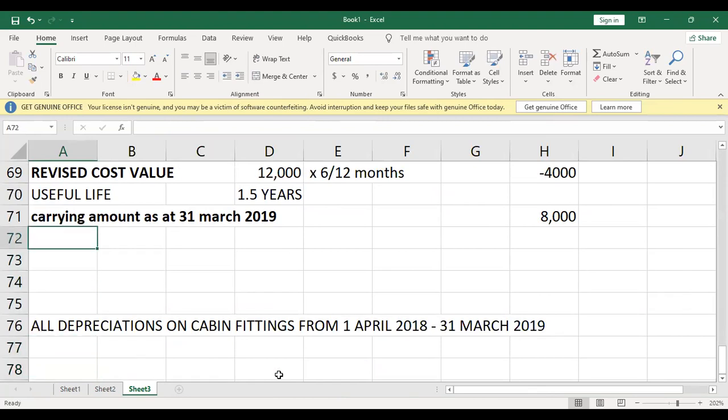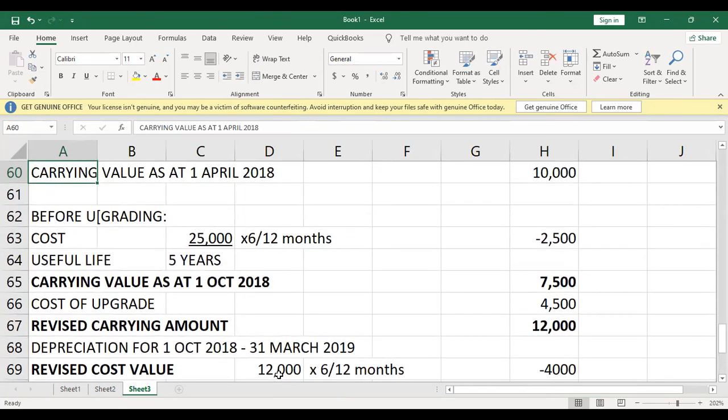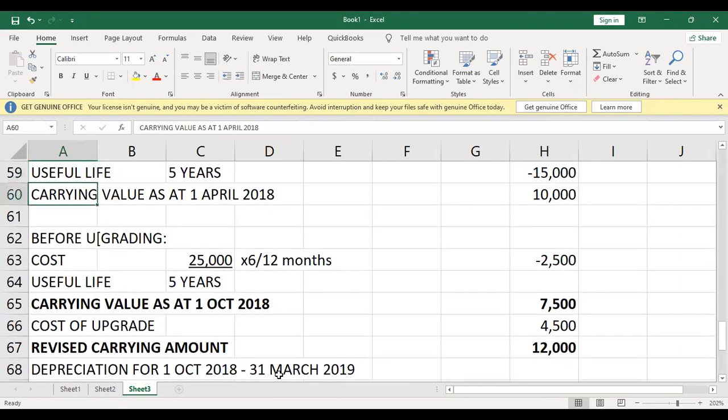So we have depreciation of 2.5, right? True.